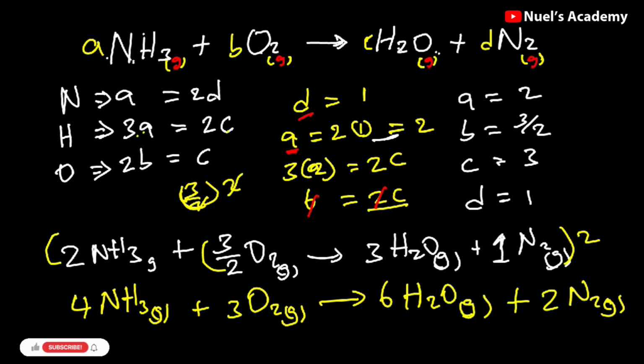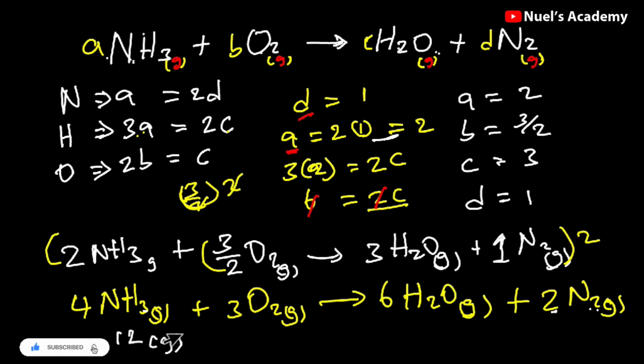Now, if you check this chemical equation, you see that it is balanced. For example, here we have 4 moles of nitrogen at the reactant side. Then at the product side, we have 2 times 2, which is 4 moles of nitrogen gas. For hydrogen, we have 3 times 4, 12 atoms of hydrogen, or 12 moles of hydrogen.